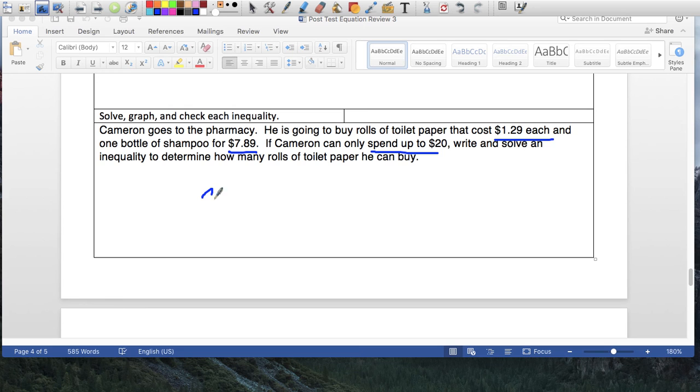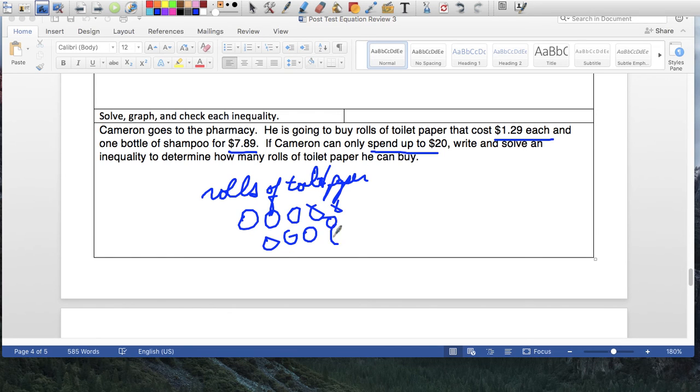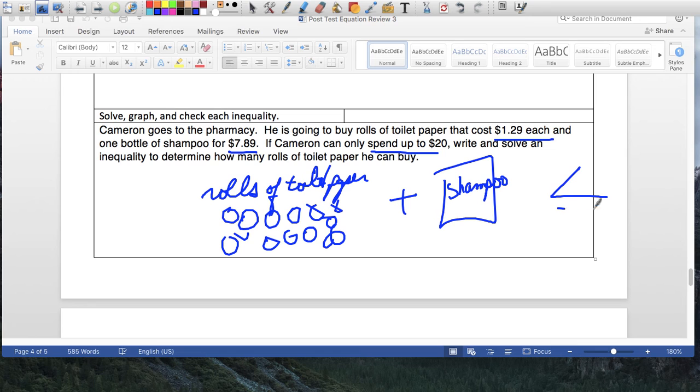So if I have p rolls of toilet paper, I don't know how many, plus one bottle of shampoo. And that all has to be up to, he only has up to $20. So all that has to be less than or equal to 20.